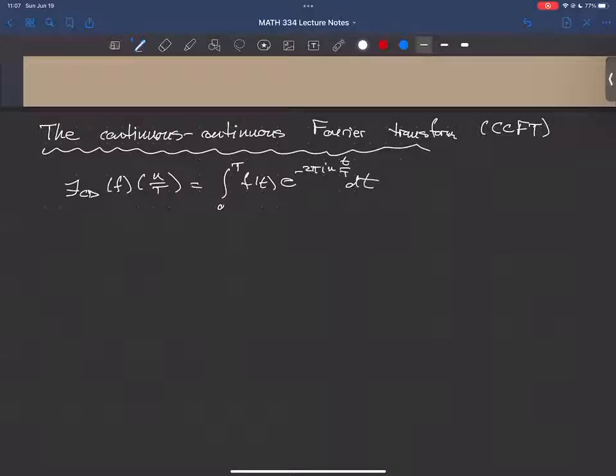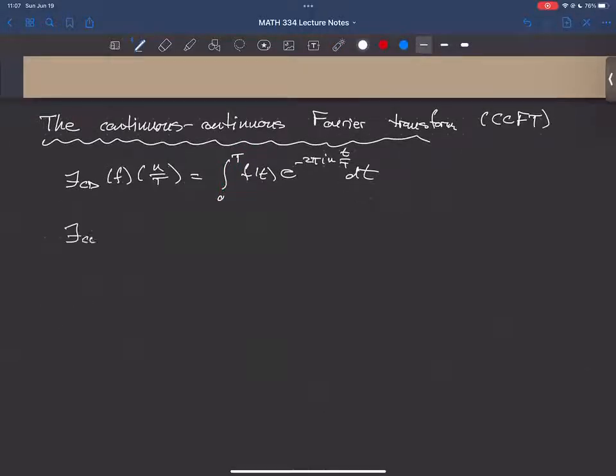All right, and so the continuous time, not necessarily periodic analog of this is going to be that we're going to replace the discrete frequency n over t with a continuous frequency variable nu, and then the integral here will go from minus infinity to infinity. Okay.